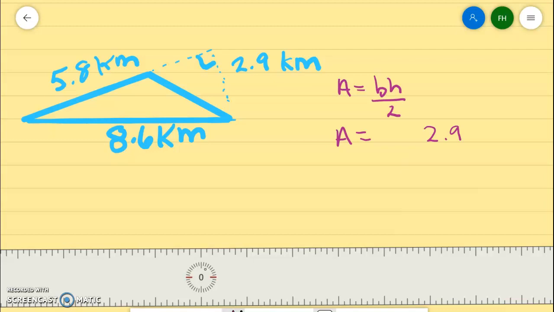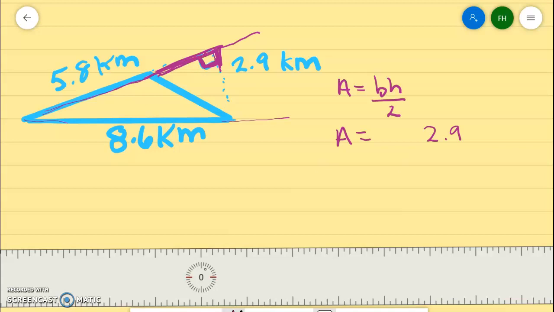But notice this right angle here. Which line, if you were to keep going, would run into this right angle? Well, obviously it's this line. So since this side would technically run into it and make a right angle, the height is perpendicular to the base.